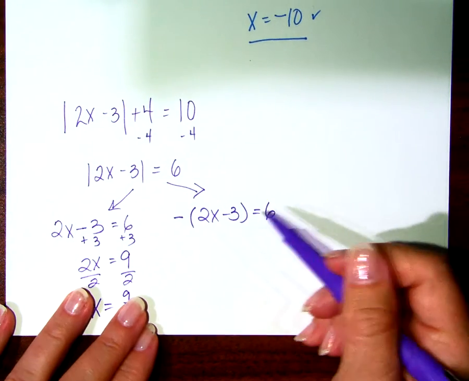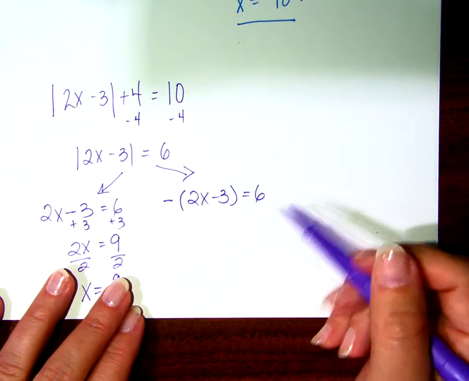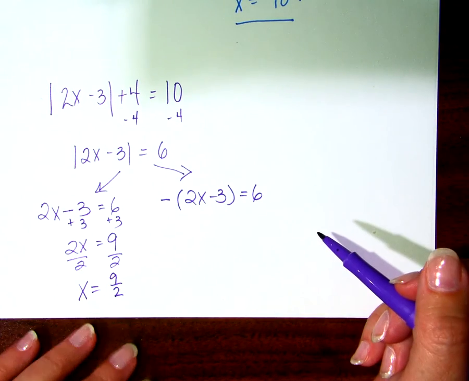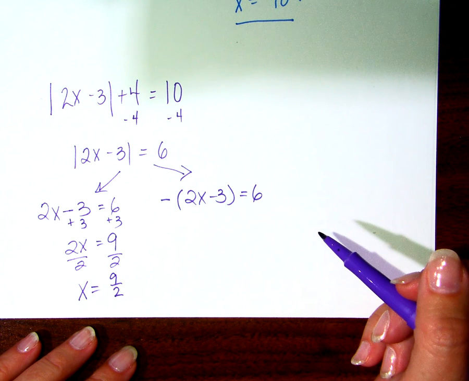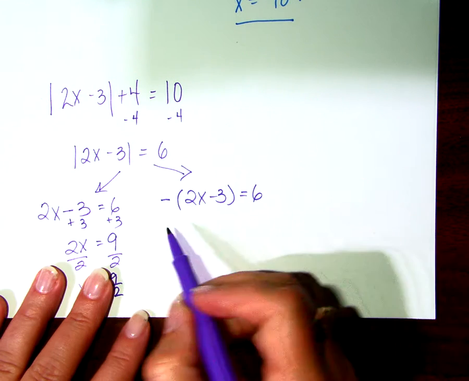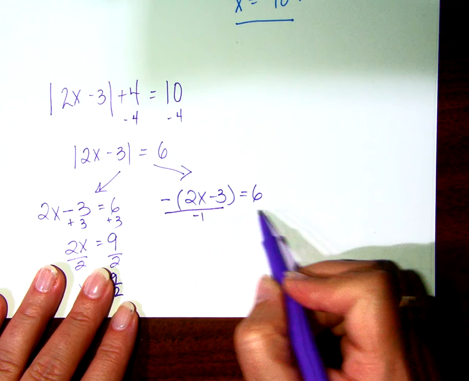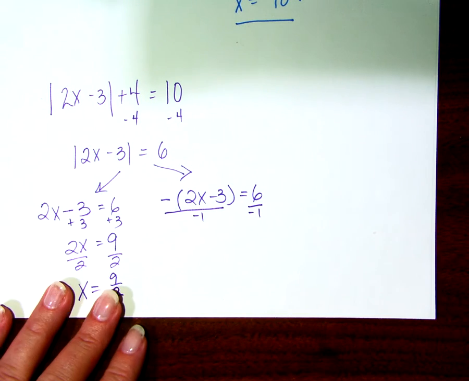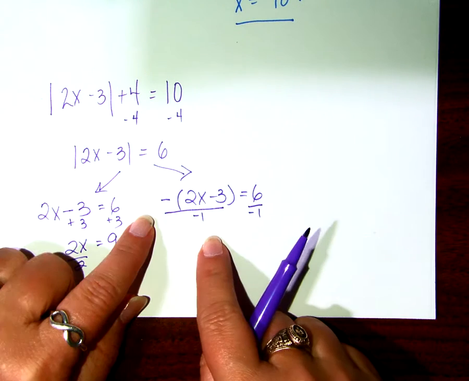Before you start, I'm going to ask you to do it a different way than we did the first example. Okay? What if I got rid of the negative sign first? Am I allowed to do that? What if I divided by a negative 1 first? What happens on the left-hand side?